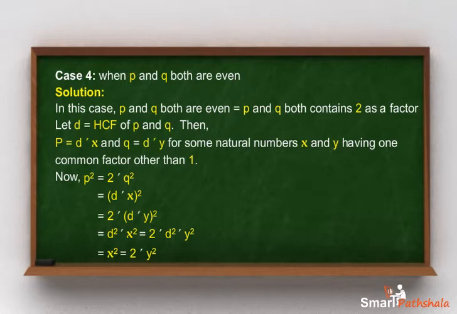Since x and y have no common factor other than 1, at least one of them is odd. But this is not possible. Hence, there are no natural numbers p and q such that p square is equal to 2 into q square.